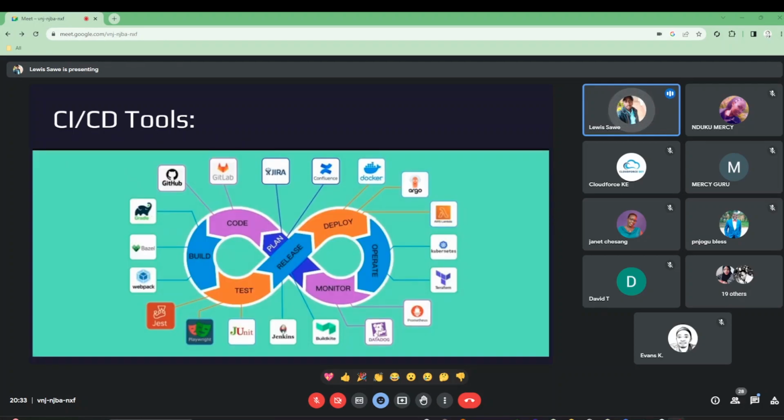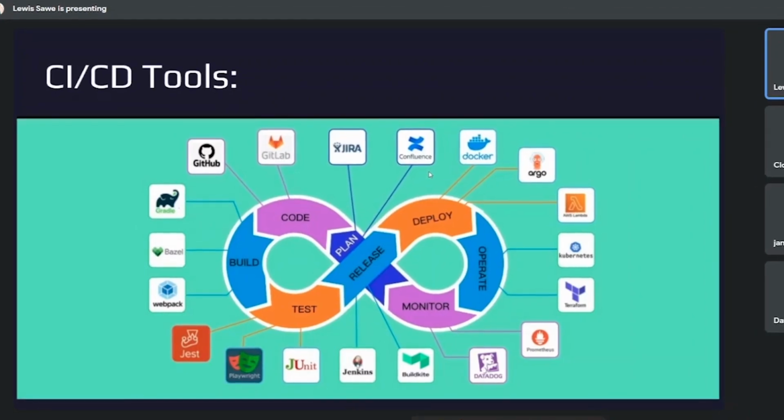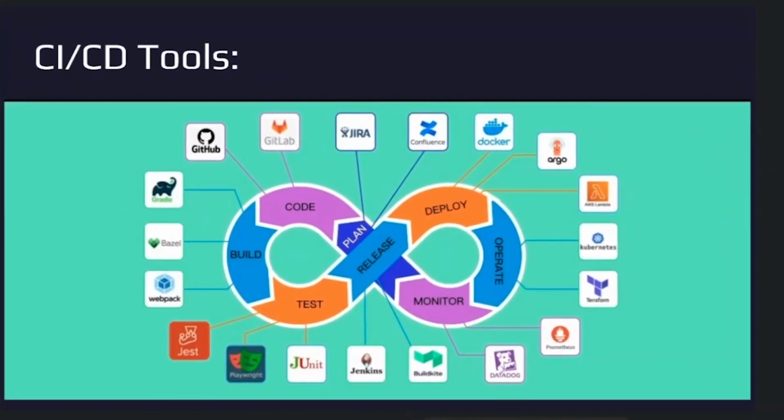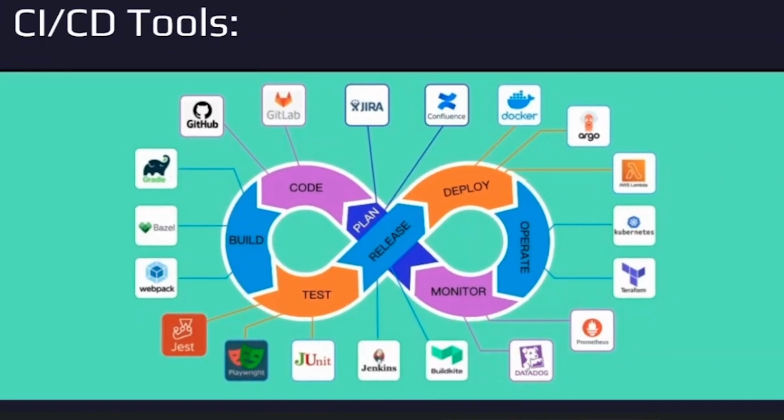So basically, this is how you integrate them into your pipeline. Let's say you're planning your release and your software development cycle. You use Jira and Confluence to plan. Then you have GitLab and GitHub to code. You have Gradle, Bazel, and Webpack to build.